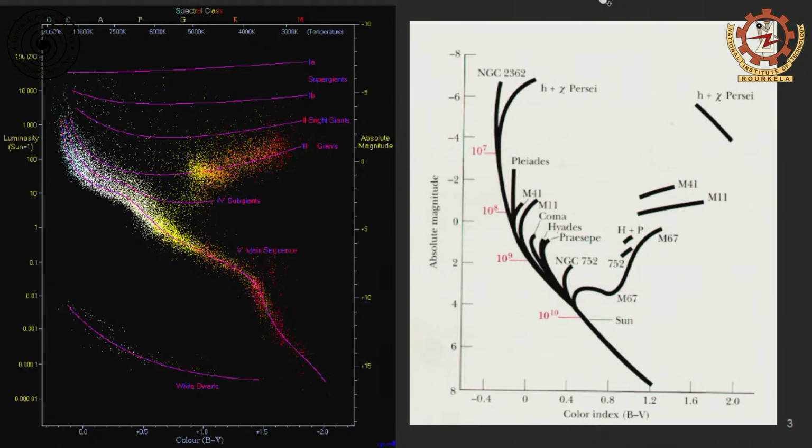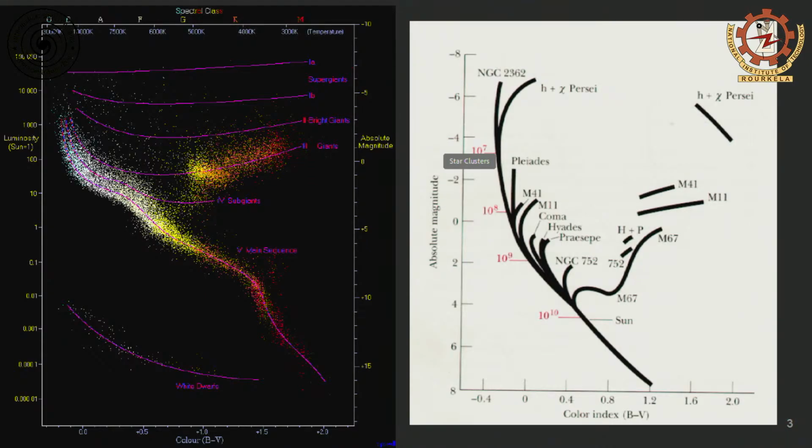That's what we did with this HR diagram of the star cluster. As you can see here, there are various star clusters. Of course, this is just a sample; we have a lot of other star clusters also, but this is just to show that there are various star clusters, and this point is called the turn off. This depends upon the age of the star cluster, so how old the cluster is.